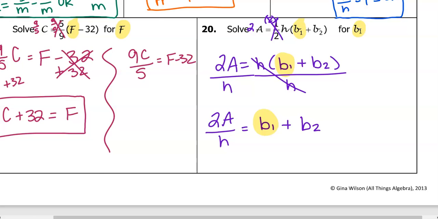All right, it's almost by itself. Last step. Subtract B2. So we have 2A over H minus B2 equals B1.